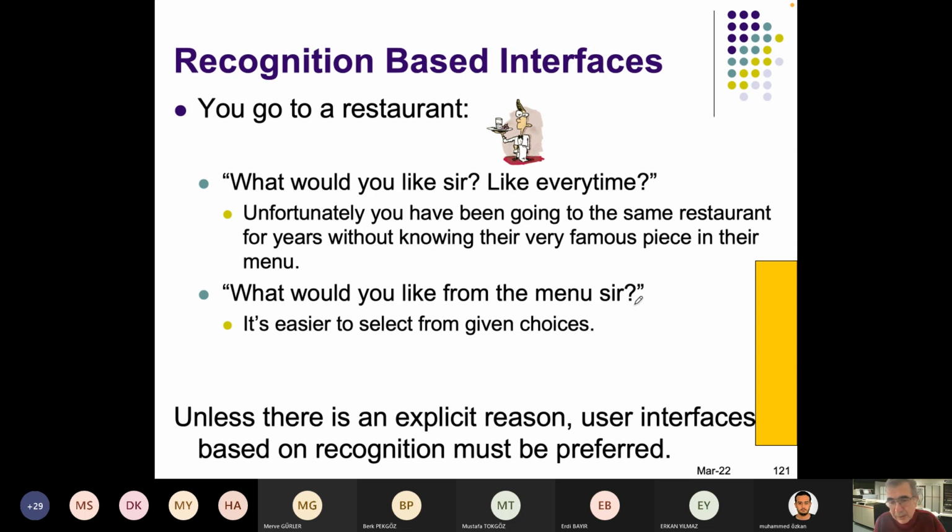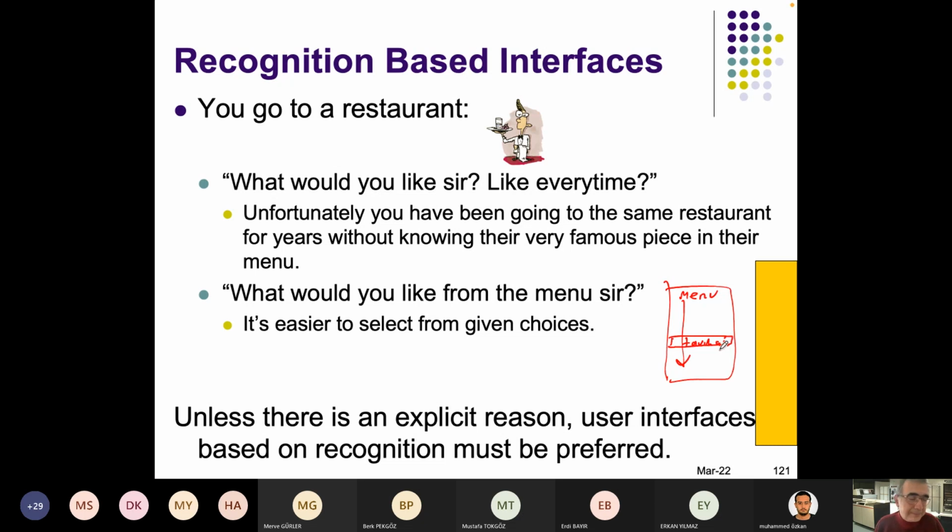If the menu items are not available, for example, you are given a menu in the restaurant, you spend 10 minutes examining the menu, decided that you are ready to get tavuk shish.